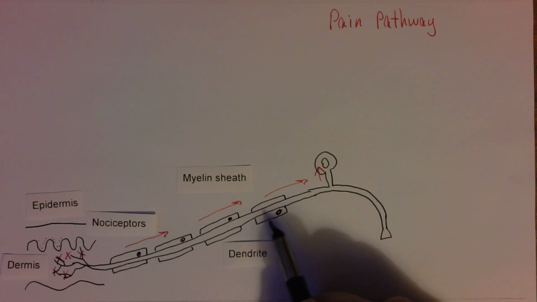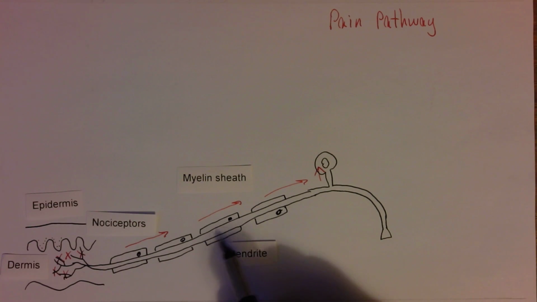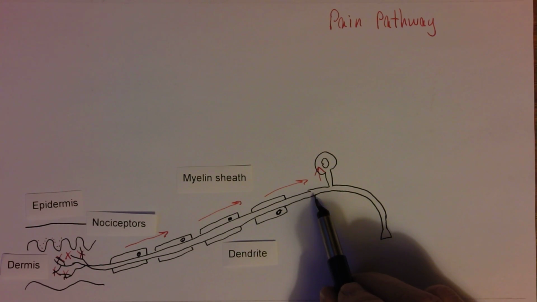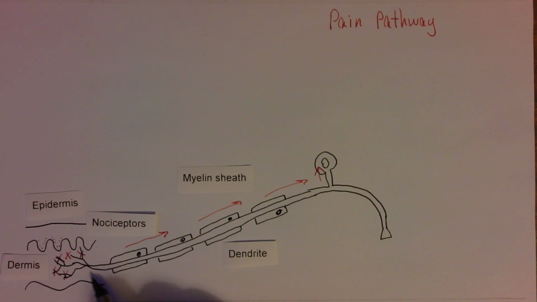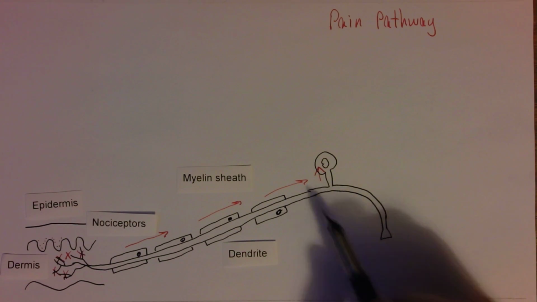So what we've actually drawn here is a fibre called an A-delta fibre, A-delta myelinated fibre, probably transmitting the impulse very quickly at about 30 meters per second from the periphery along the dendrite to the cell body.